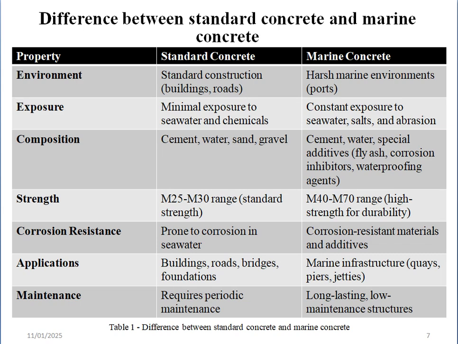Applications: standard concrete is used for buildings, roads, bridges, and foundations, whereas marine concrete is used primarily for marine infrastructure, for example, quays, piers, or jetties. Maintenance: standard concrete requires periodic maintenance, whereas marine concrete can last long with low maintenance.